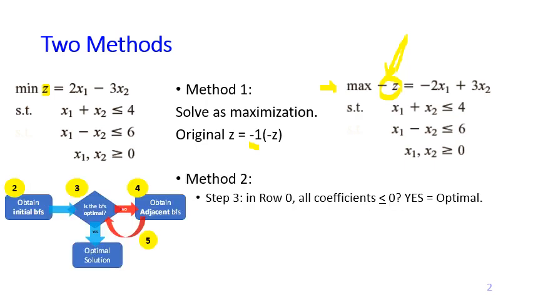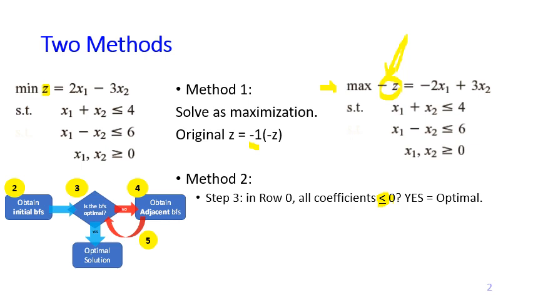For the second method, which this textbook uses more often, you do the simplex method as usual, except that in step 3, when you ask the question, is the BFS optimal or not, what you check is whether all coefficients in the row 0 are already less than or equal to 0.